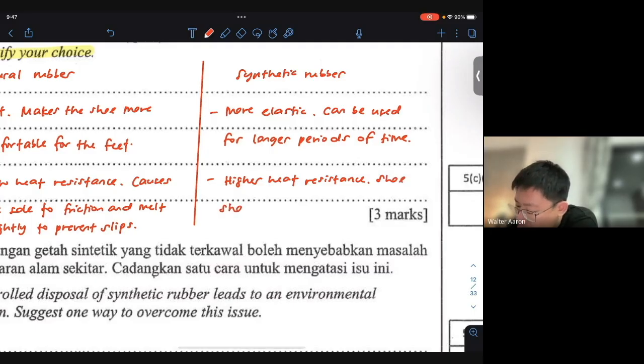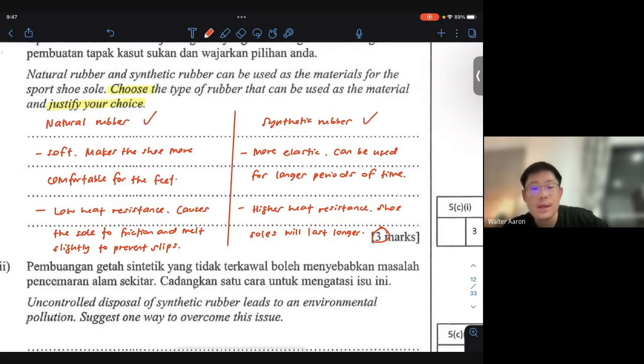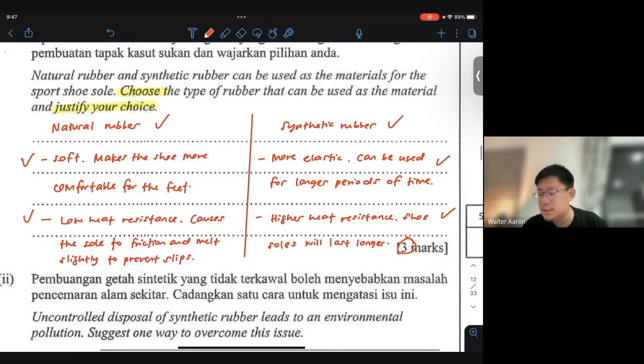You put here shoe soles will last longer. So any point that you mention, technically, if you state that you want natural rubber, you get 1 mark already. Then explain two separate points, and you get another 2 marks. So therefore, you get 3 marks in total for this case.